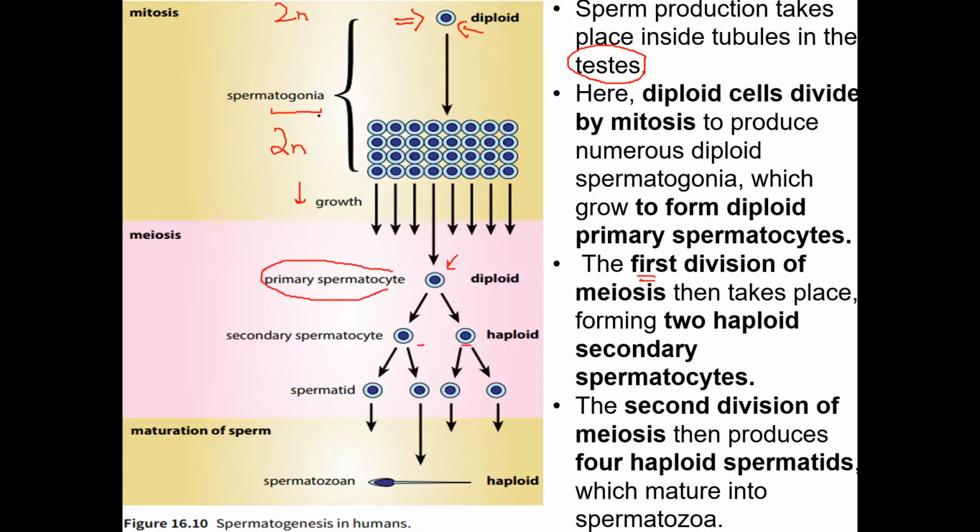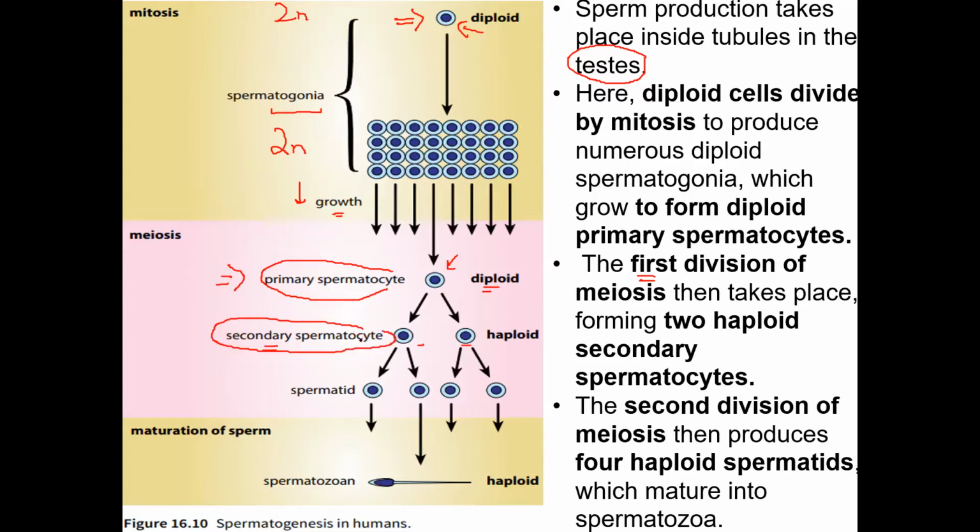So the spermatogonium or spermatogonia, as they grow and mature, the mature form is known as the primary spermatocyte. This primary spermatocyte is in the diploid form, 2N. It undergoes meiosis, which is the first stage, right? And then it forms a secondary spermatocyte as it completes the first meiotic division.